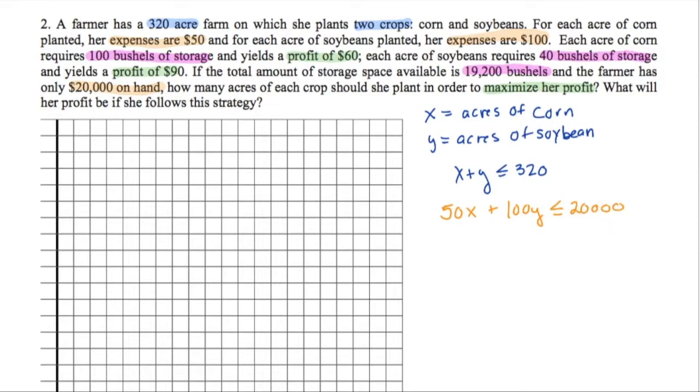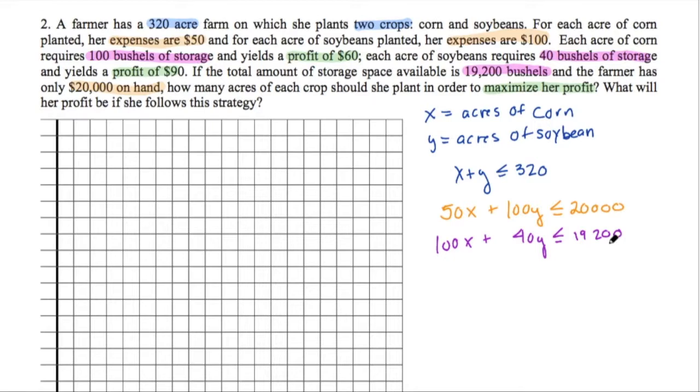All right, great. We also know from the storage standpoint that it's 100 bushels of storage for the corn, plus 40 bushels for the soybeans. Altogether, that must be less than or equal to the total amount of storage space she has, which is 19,200.